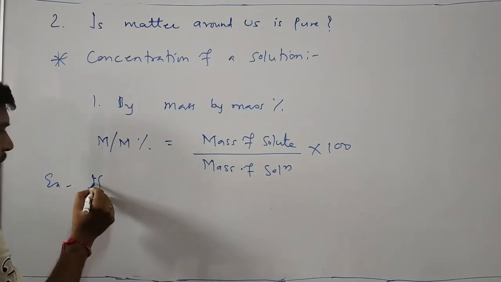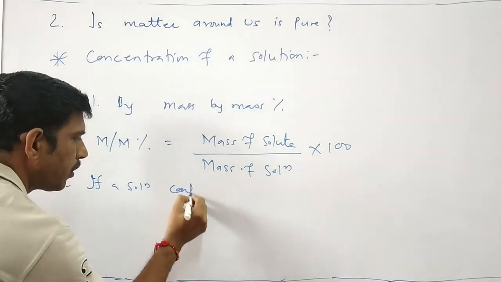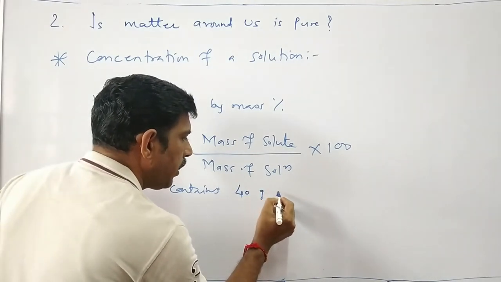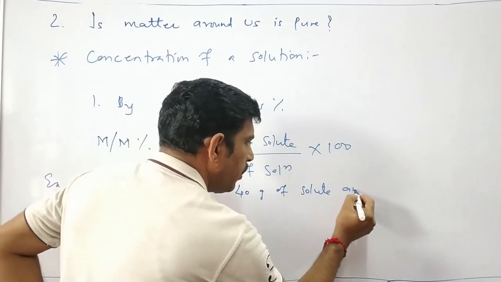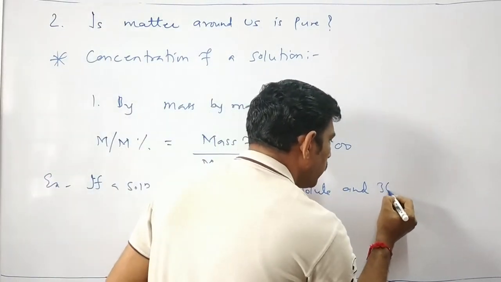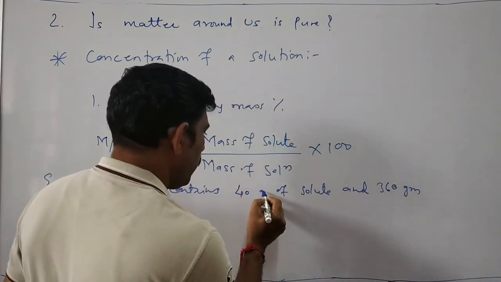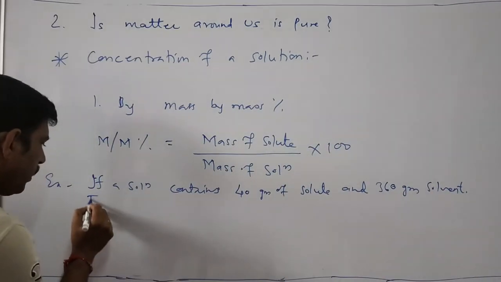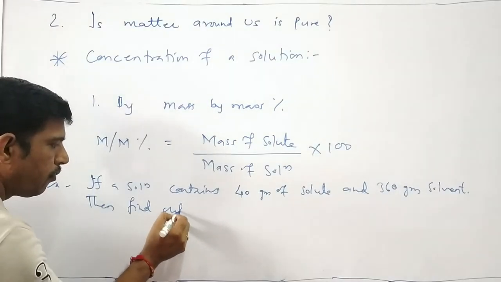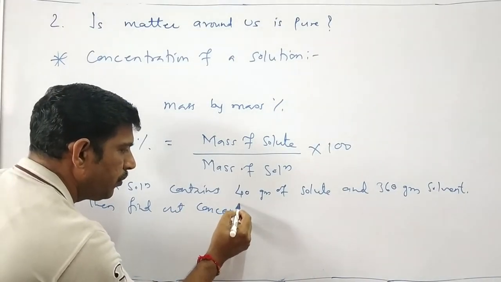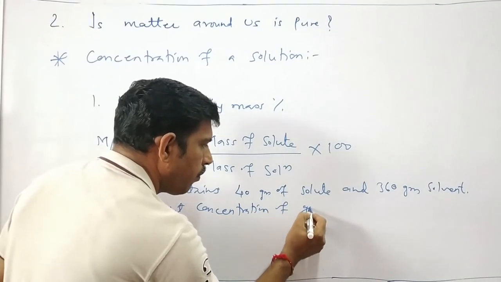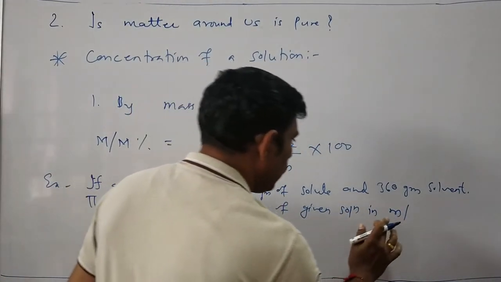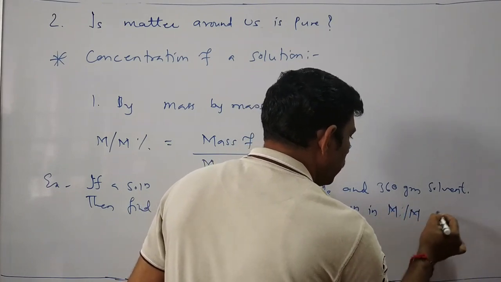If a solution contains 40 gram of solute and 360 gram of solvent, then find out the concentration of given solution in mass by mass percent.